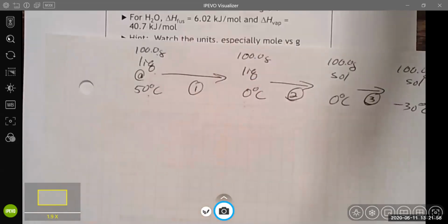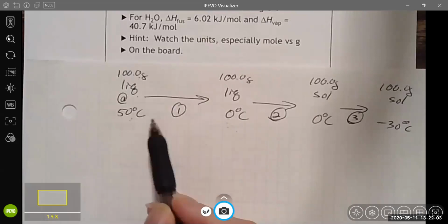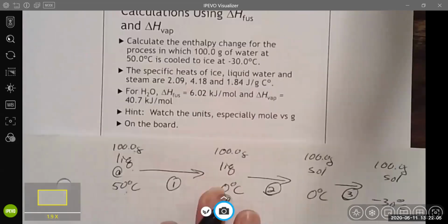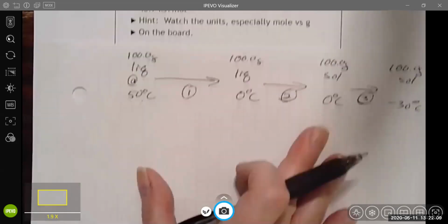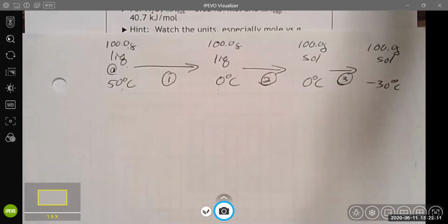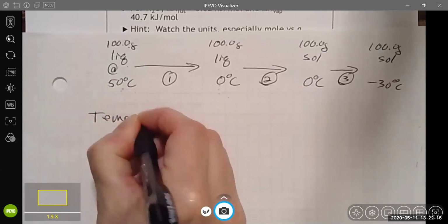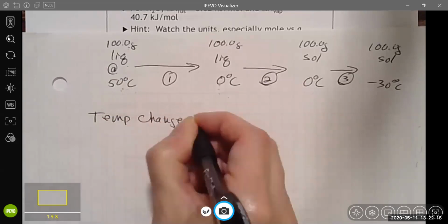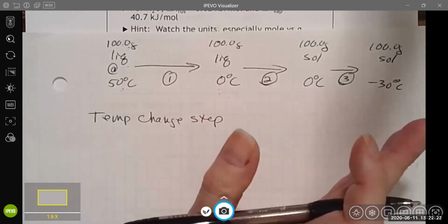So what kind of steps do we have? The first step is the liquid that is warming. We're going to need this number for it, the specific heat. So the 2 equations: when you are doing a temperature change step, we're not doing a phase change, we're just changing the temperature.